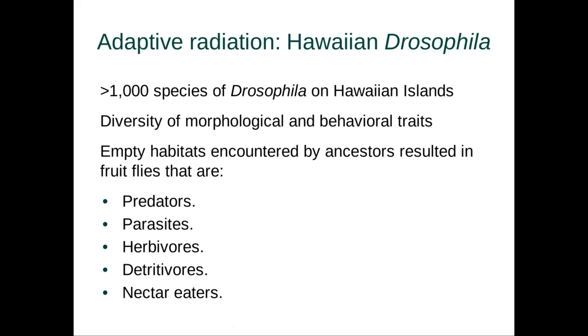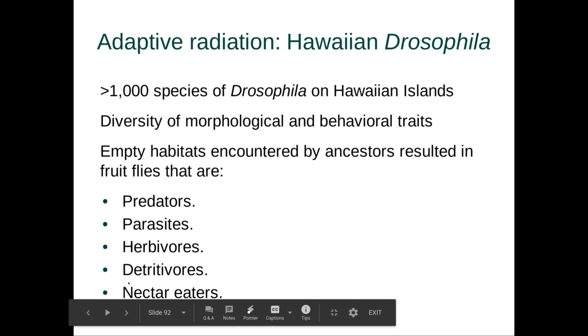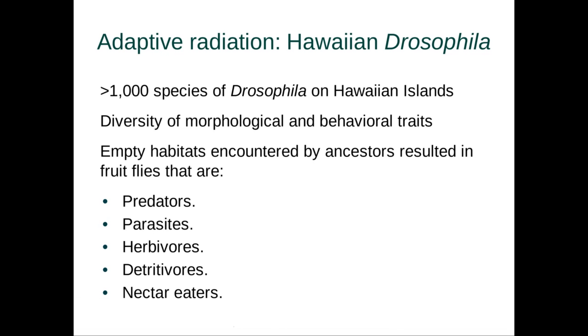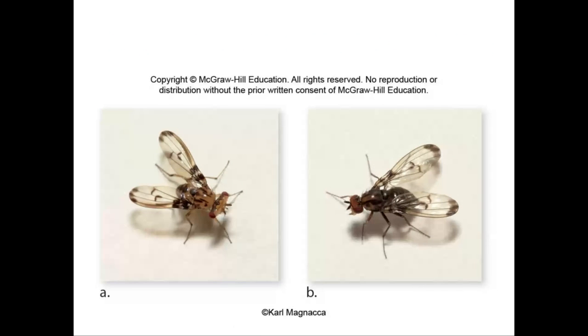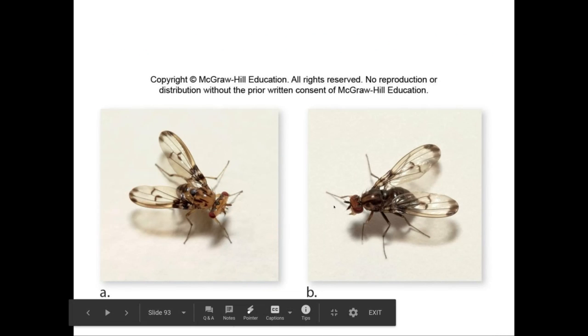Now, the vast majority of Drosophila, at least the ancestral population, would have likely mostly just been detritivores, but because it was encountering brand new ecological habitats, it led to speciation for Drosophila that are now predators and parasites and so on and so forth. So kind of a cool thing. Now you can also see difference in body shapes.